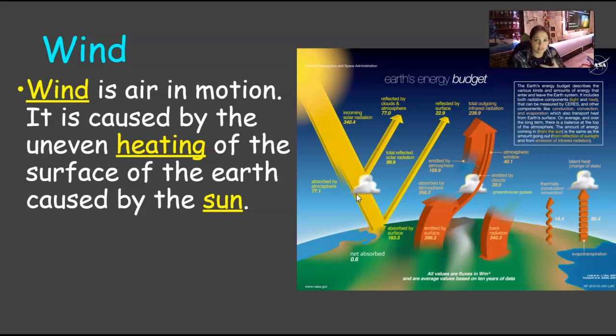We don't have the same amount of sun the whole time, so it's uneven, which causes the wind to move due to density and how dense it is. The less dense, the warmer it is. The more dense, the heavier it is.